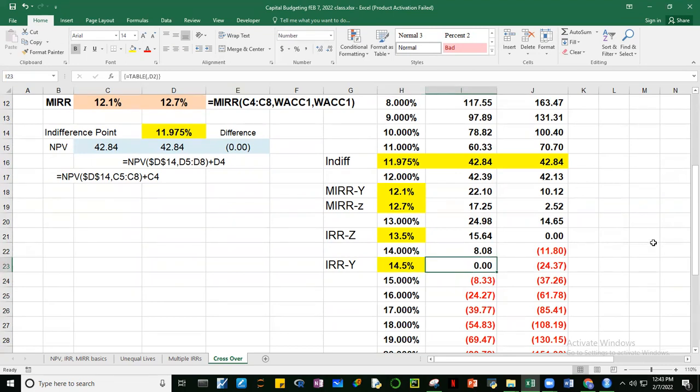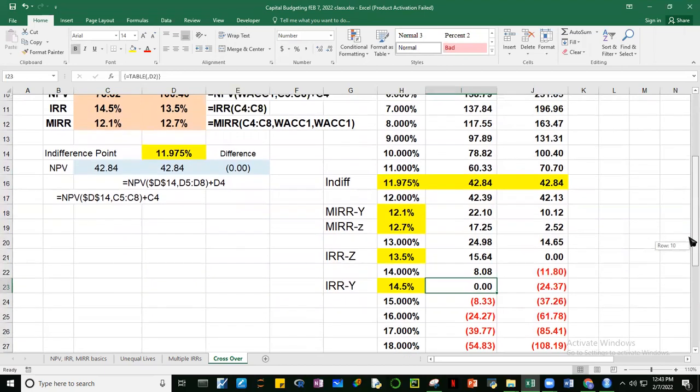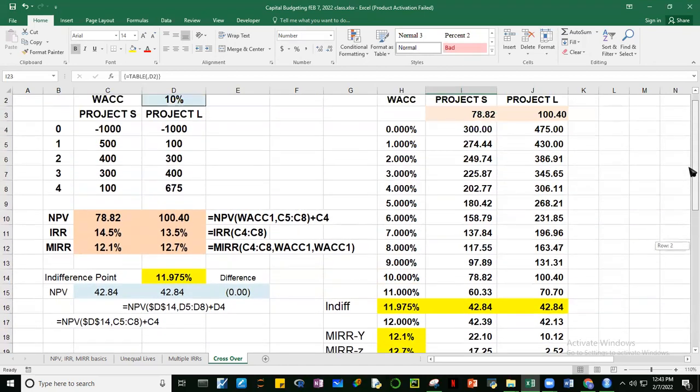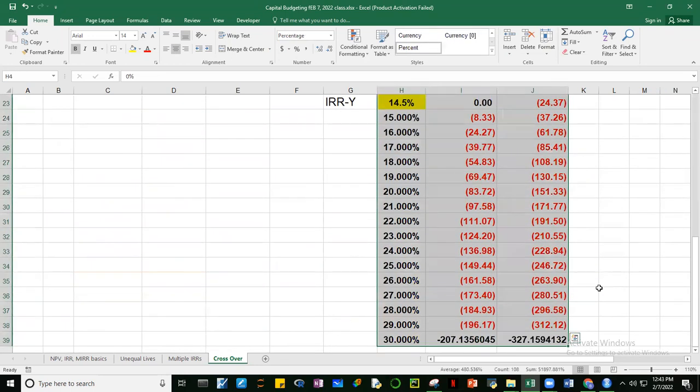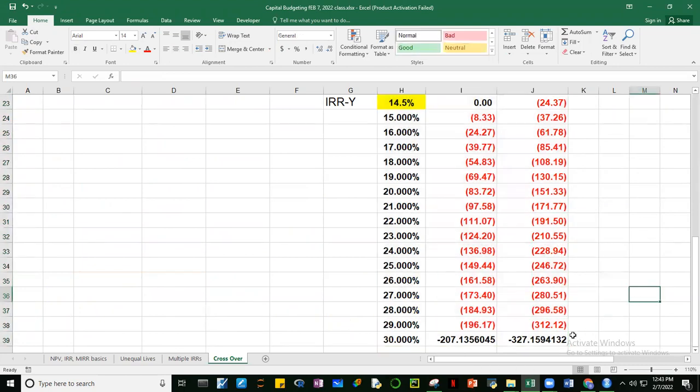Okay, so consistent with the concept of NPV. So we can now plot this. Plot natin tong mga WACC natin.